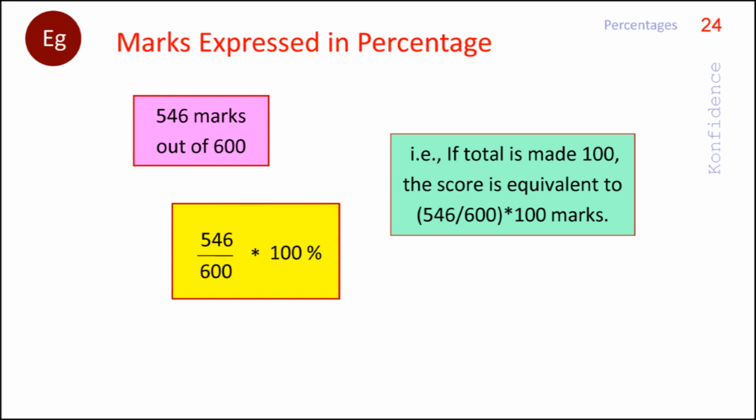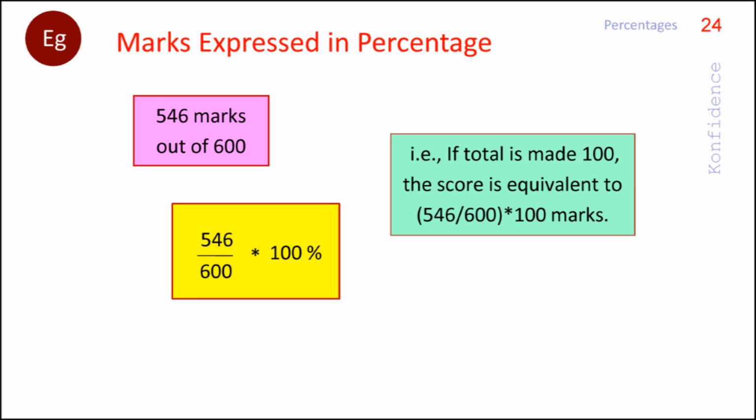The best possible method to understand this concept is to look at your own marks carefully. We will always use percentages here. Let's look at it carefully. If you get 546 marks out of a total of 600, it means that you've got 546 divided by 600 into 100 percentage in the examination.